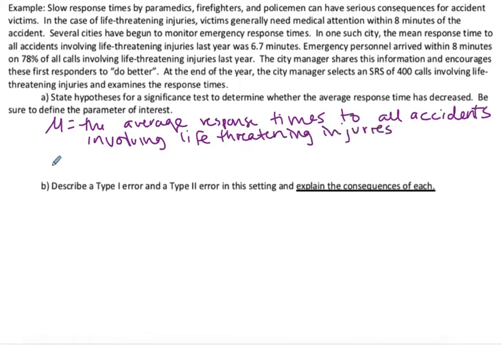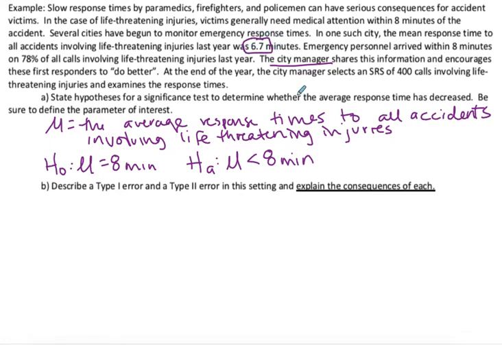And so in this case, the claim that's been made is that we need to be there by 8 minutes. What we want to do, as the city manager is suggesting, is bring down that average. And so far, they have been able to do that. So right now we have evidence that would support that they are decreasing it from the 8 minutes. The city manager wants to make sure that they're staying consistent there.